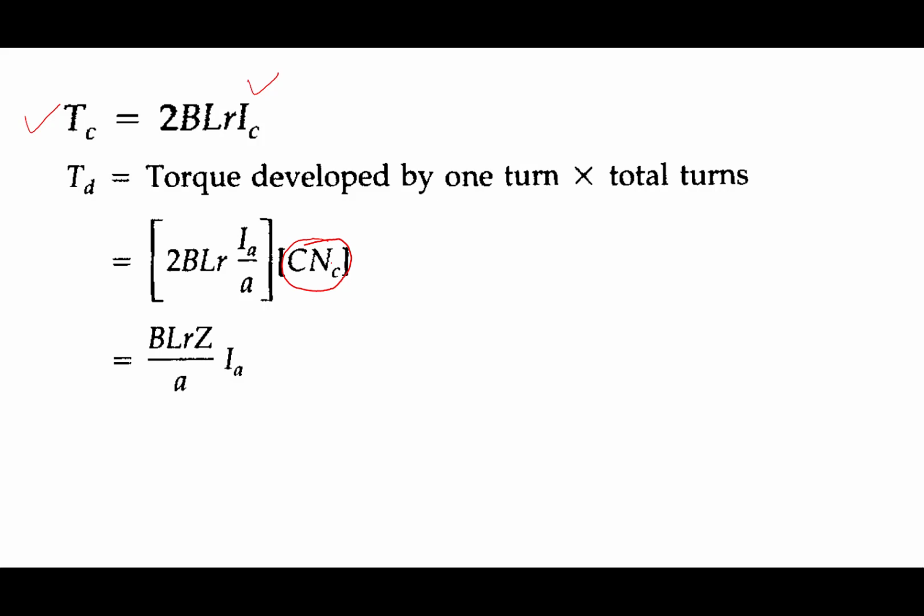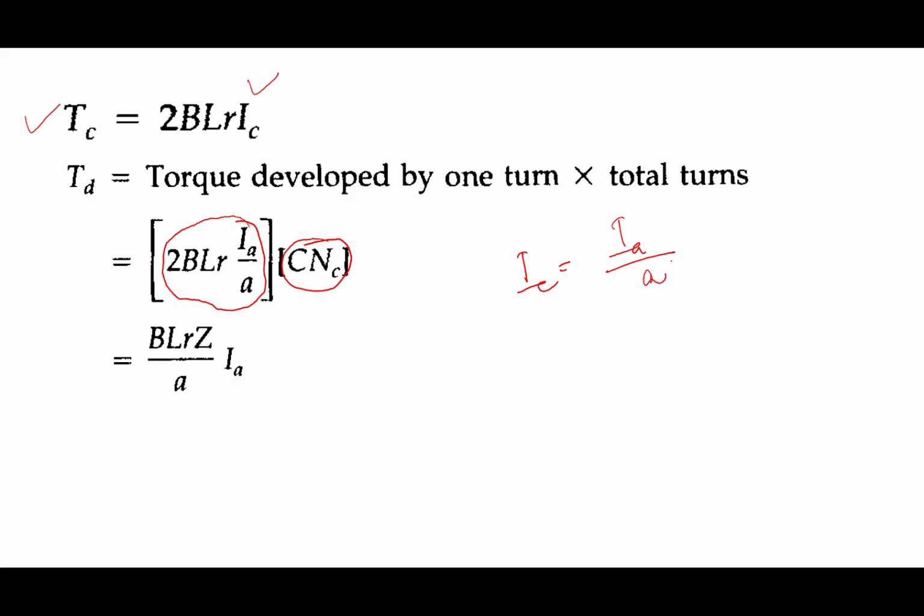So therefore total number of turns is C Nc. And now each turn is developing a torque, that is 2 B L R Ia by A. Ia by A means that is the current actually flowing in the coil. That means your Ic is equal to Ia by A.